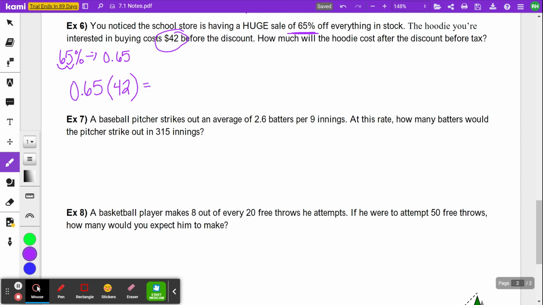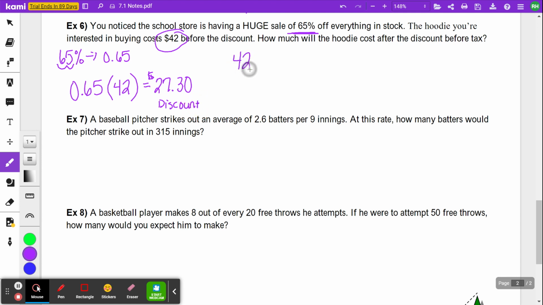65% of $42 is $27.30. Okay, that should make sense because it's more than half. 65% is more than half. Okay? Now, this isn't what you're paying. This is your discount. Okay? And if it's a discount, that means we have to subtract it from what we would normally pay.